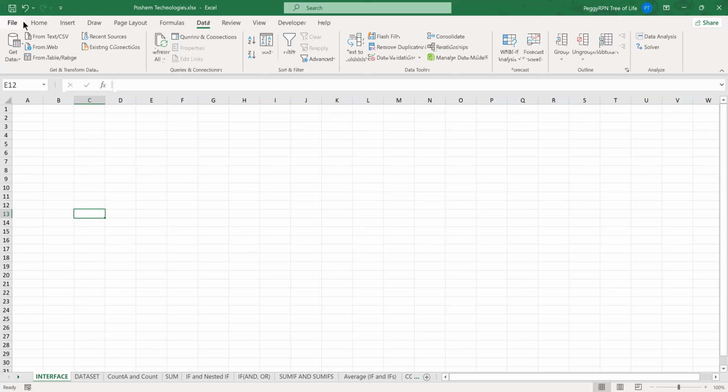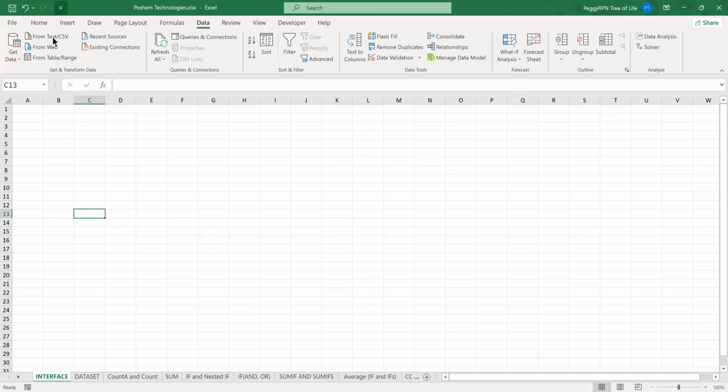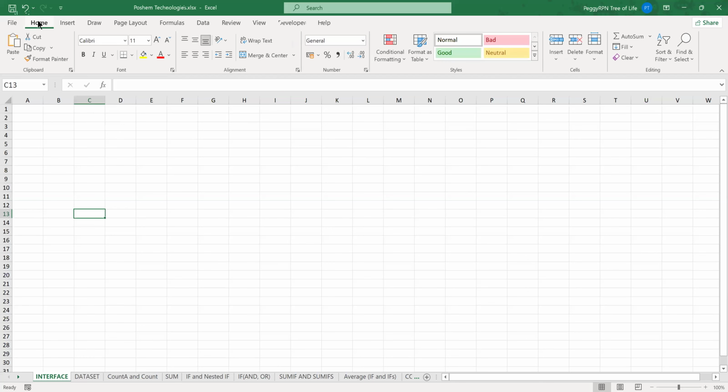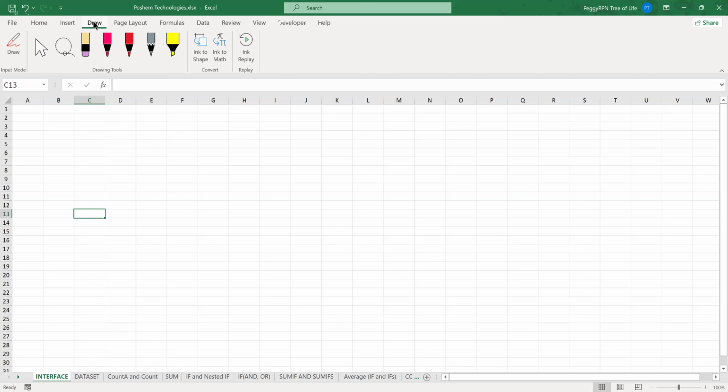Then here are your tabs. You have your file, where you can save and have access to your saved files, or save a file you have worked on. Then you have home, insert, and each of them has what we call different ribbons.